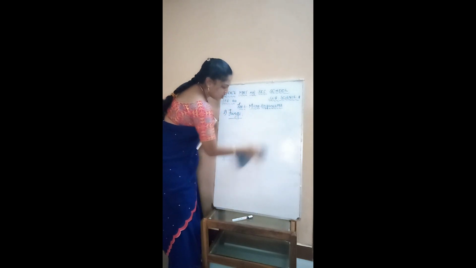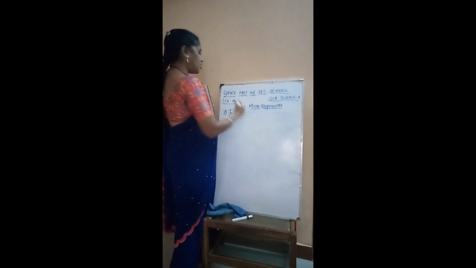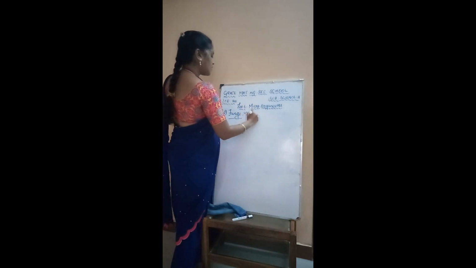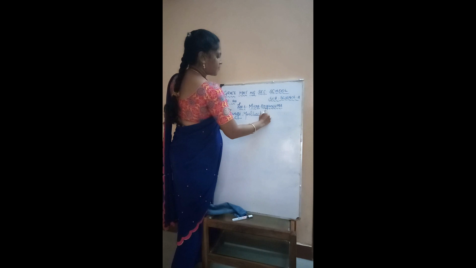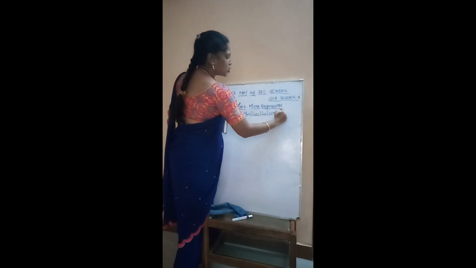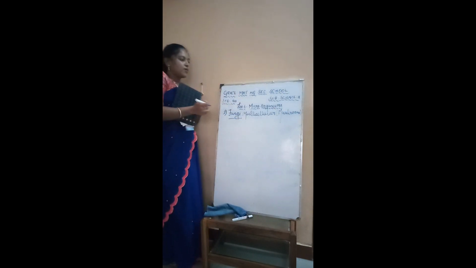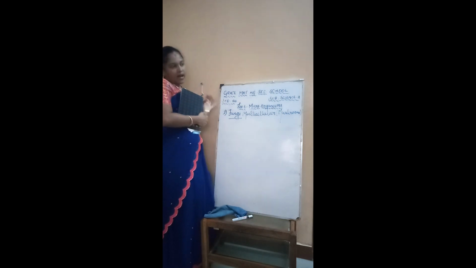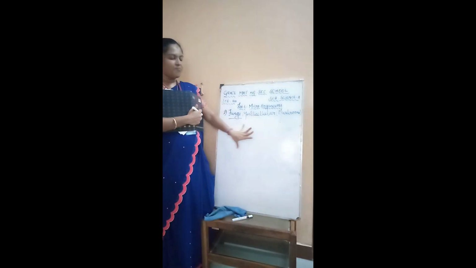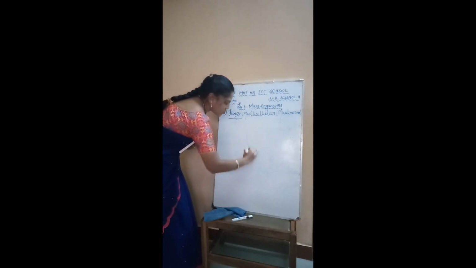So let me show you the cell structure of this multicellular fungi, which is nothing but mushrooms. Okay, children. So this mushroom has different parts. Let me draw and show you this structure of mushrooms.